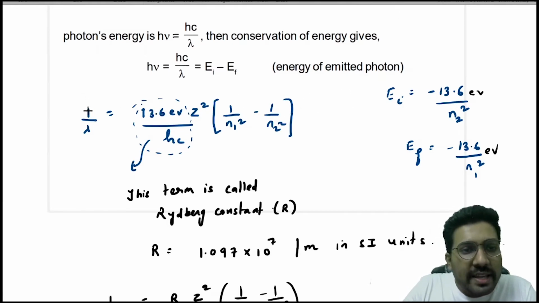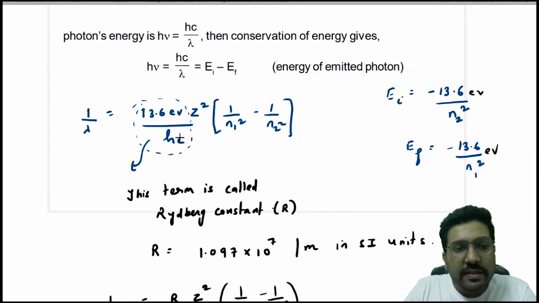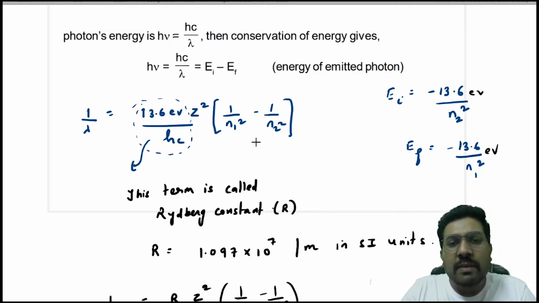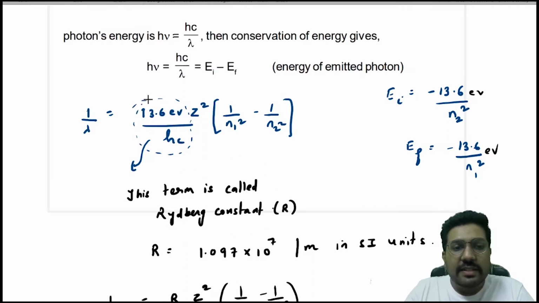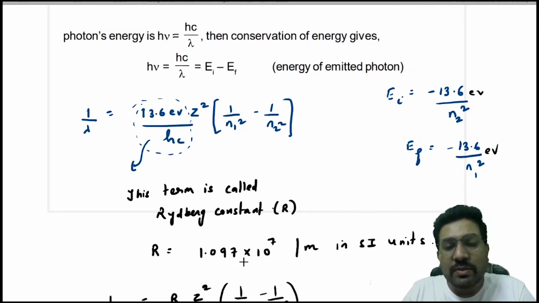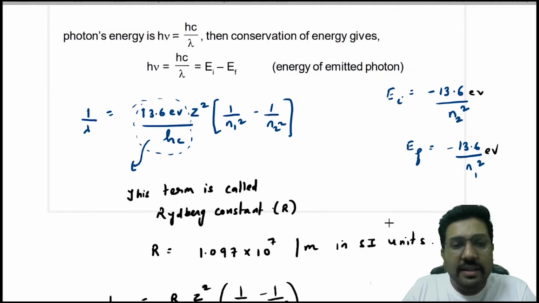So just take hc from here to here, and you will get 1 by lambda is equal to 13.6 electron volt into Z square divided by hc multiplied by 1 by n1 square minus 1 by n2 square. This whole term together, that is 13.6 electron volt divided by hc, is called the Rydberg constant, R. It is a constant. Its value is 1.097 into 10 raised to power 7 per meter in SI units.